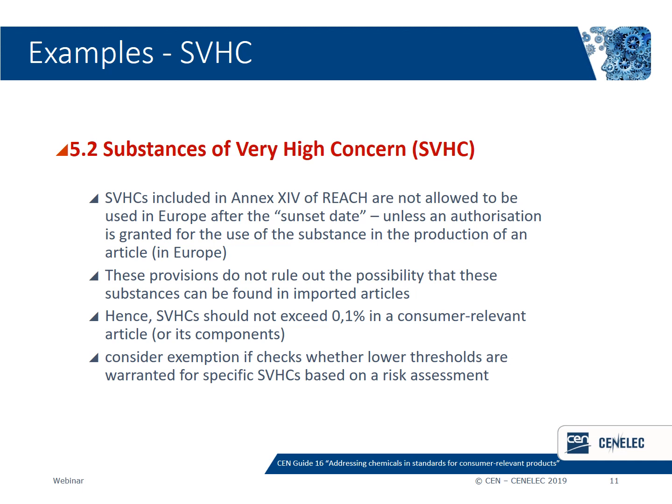These rules do, however, not exclude that such substances can be found in imported articles. Therefore, it seems to be useful to have a generic exclusion of such substances in consumer-relevant articles using a threshold of 0.1%. Nevertheless, it is necessary to check whether for certain substances a lower threshold should be set.